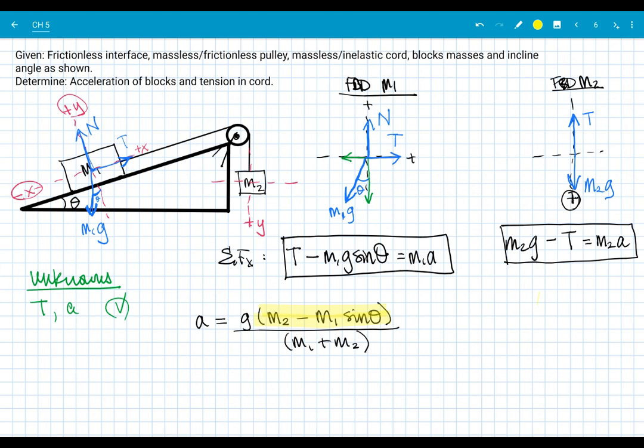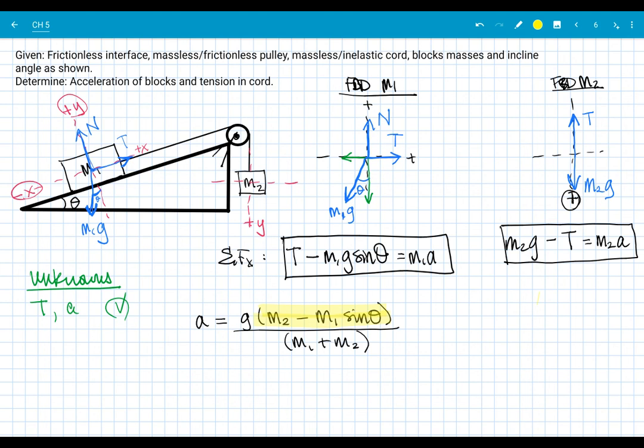But basically, what this is saying is that as long as m2 is greater than m1 sine theta, then block m1 will accelerate to the right or up the incline, and block 2 will accelerate downward. If we have the case that m1 sine theta is greater than m2, that renders this entire acceleration negative, right?